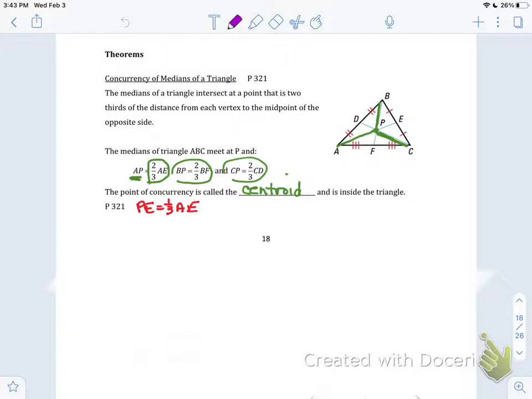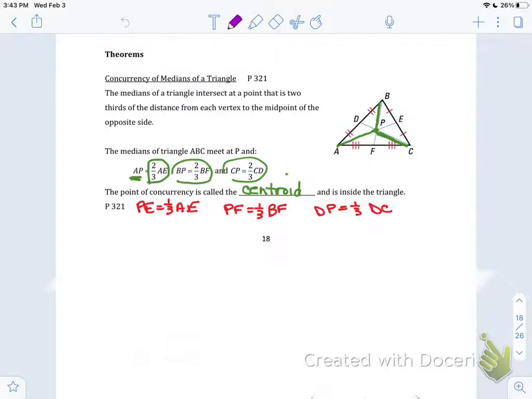And if BP is 2/3 of BF, then PF equals 1/3 of BF. And if we know that CP is 2/3 of CD, then DP is 1/3 of DC.